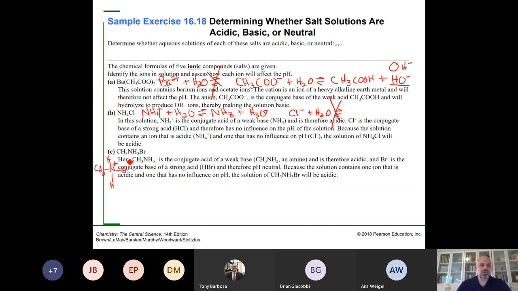This looks just like the ammonium ion. The only difference is we've replaced one of the hydrogens of the ammonium ion with a CH3 group.